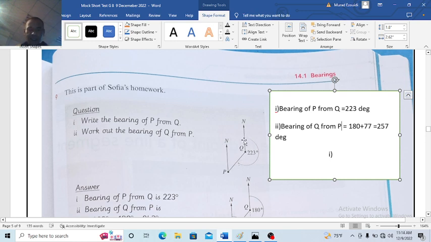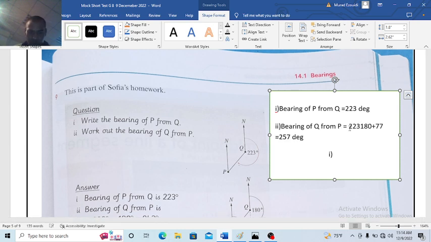This angle and that are equal, means this angle is equal to 223 minus 180, which gives 43 degree.